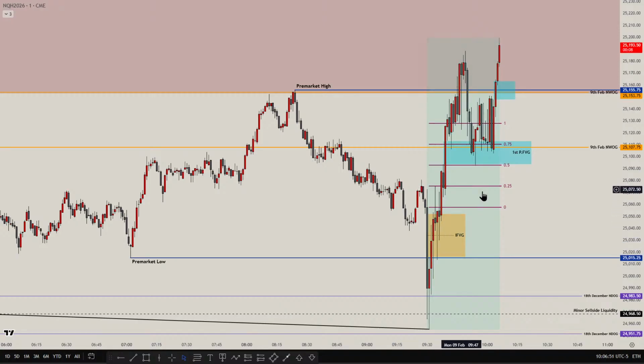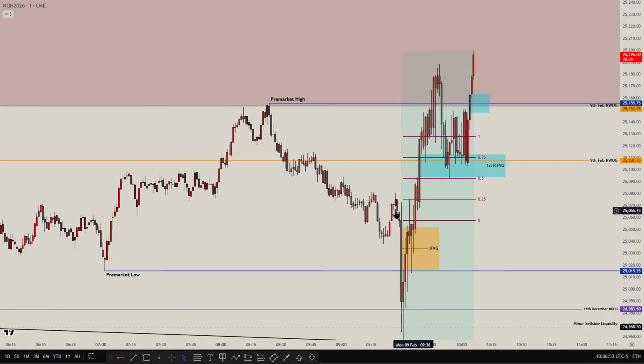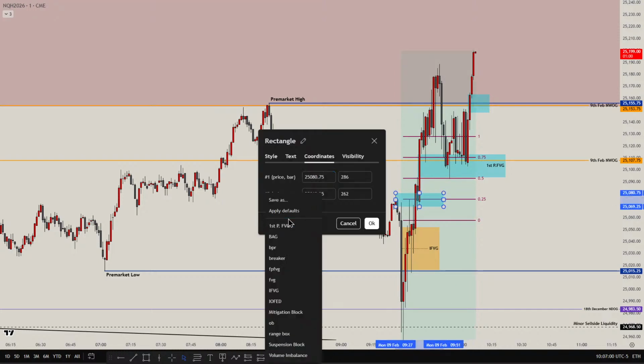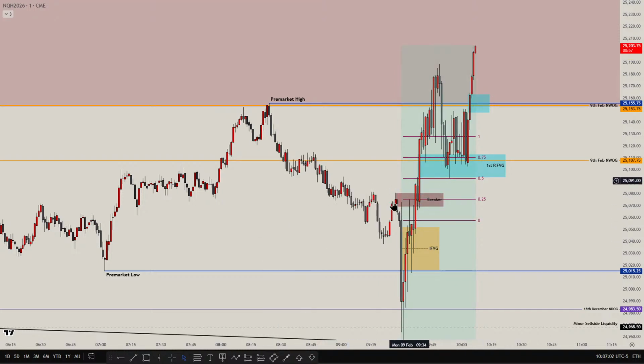Oh yeah, you mean this is a break? Yeah, true. That's true. Yeah, I see that. I wasn't looking at that in real time, but that's a good PD array. Could use, yeah.